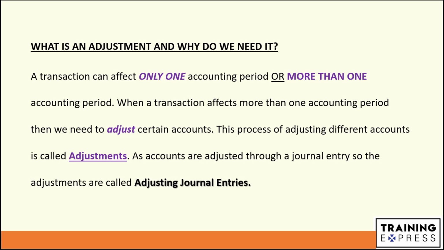When a transaction affects more than one accounting period, then we need to adjust certain accounts. This process of adjusting different accounts is called adjustments. As accounts are adjusted through a journal entry, the adjustments are called adjusting journal entries.